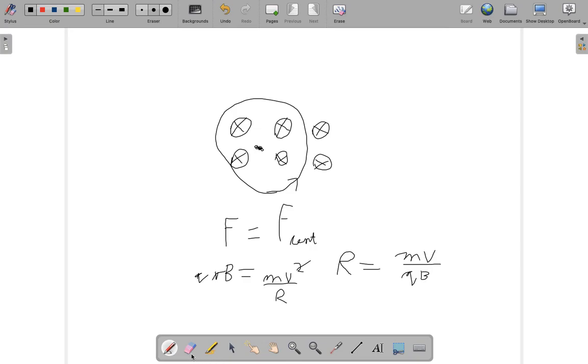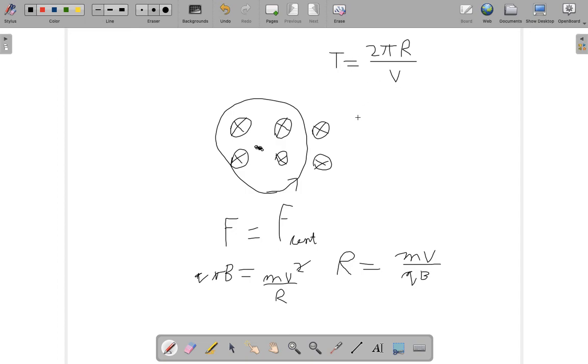Now if you want to find the period from here, in circular motion, and it's also given in the data booklet, we know that 2 pi r over v is equal to the period.